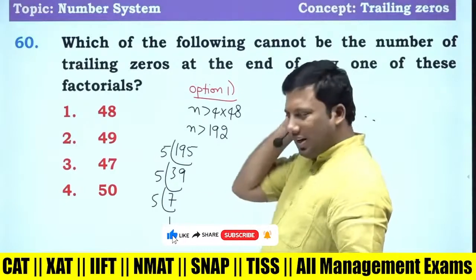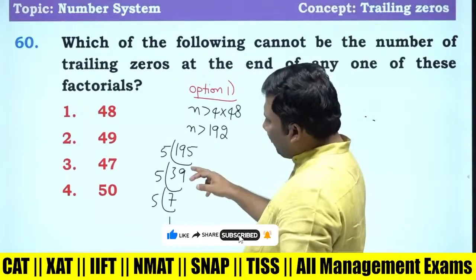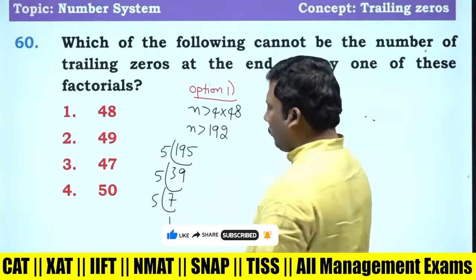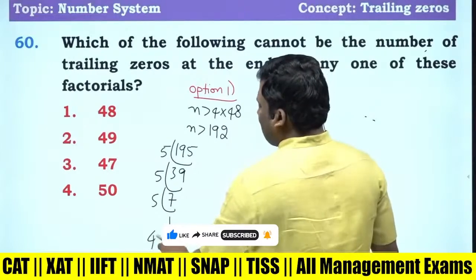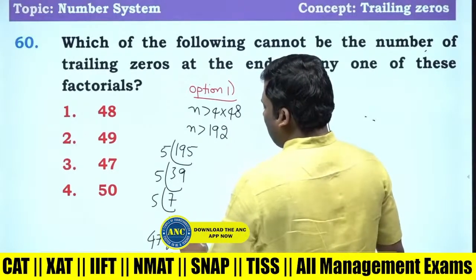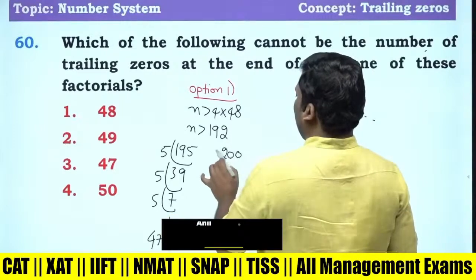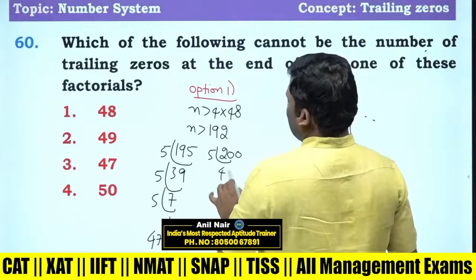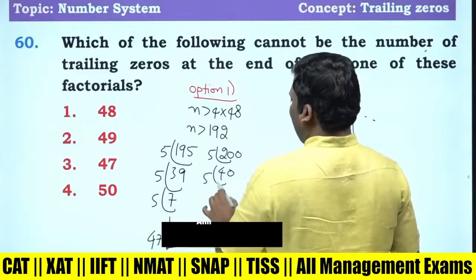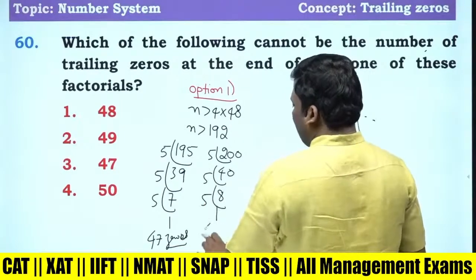I hope it is clear. So 47 zeros will be there. Next multiple, it will be 5 40s are, 5 8s are, 5 1s are, 40 plus 8 plus 1.